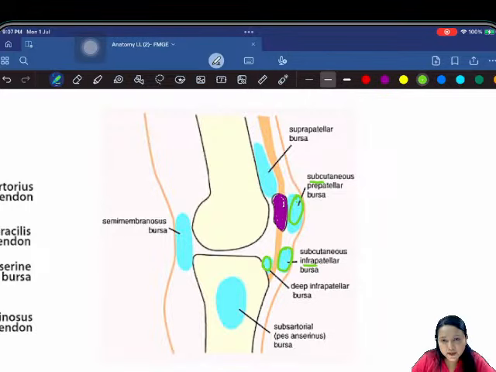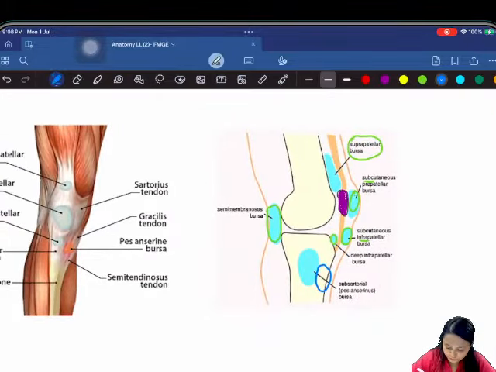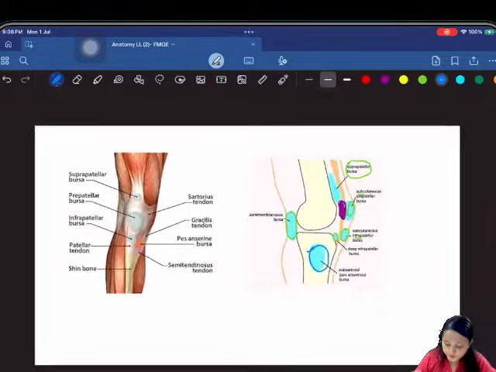So there are two bursas, one subcutaneous infrapatellar and one deep infrapatellar, and then you have the suprapatellar bursa above that. Behind, you get a bursa behind the tendon of the semimembranosus, that is the semimembranosus bursa. If it gets inflamed, it will lead to cyst formation, that is Baker's cyst. And below, on the medial aspect, you have the subsartorial or pes anserine bursa. It will be slightly medial. So these are the bursas.